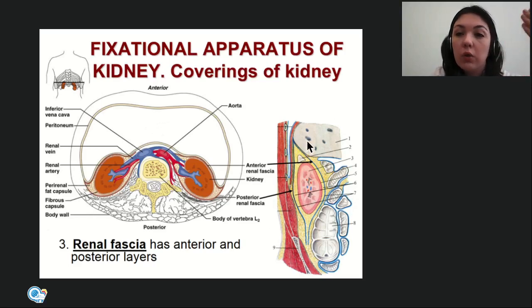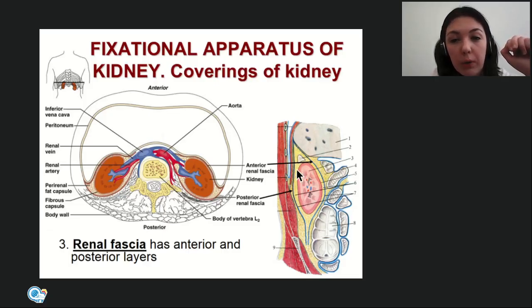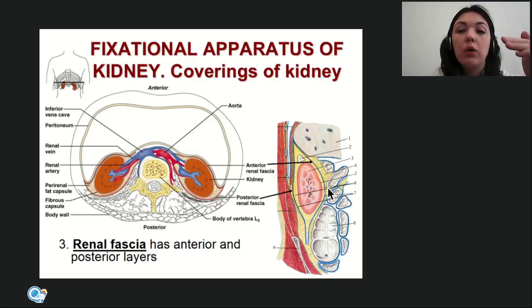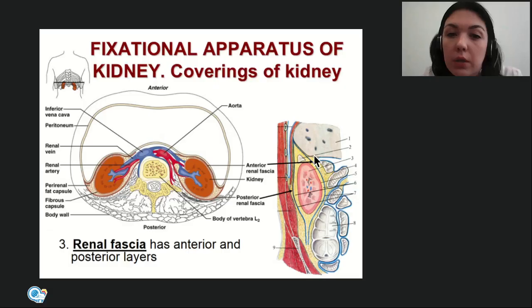These two layers join laterally, and they also join superiorly, surrounding adrenal gland, so superiorly they join together.